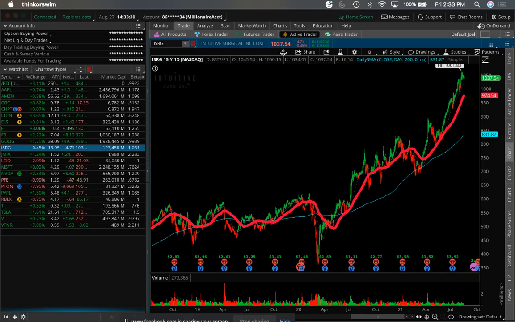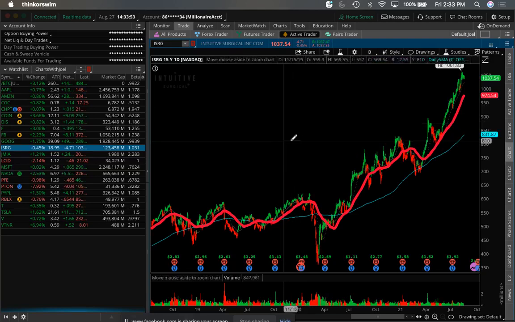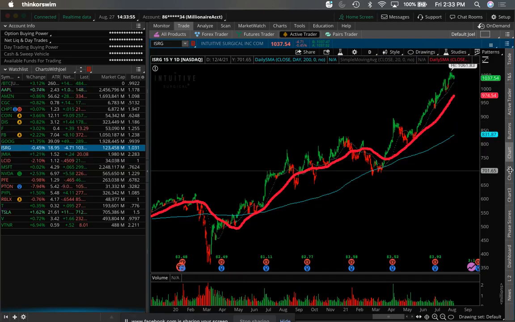If I got 10,000 I want to put into a company, I'm going to put it in stages. 2,500 here, 2,500 there. I'm going to dollar cost average in, and then I'm going to wait for it to go up. That's what we're doing. Ain't nobody putting all their money in at one time but you. I just want to buy it one time, go away, Joel, and come back rich. Great. Do you have enough money to do that? If not, you got to learn how to do it.